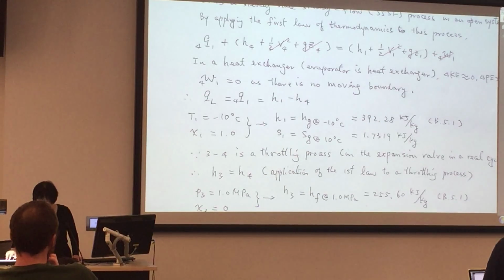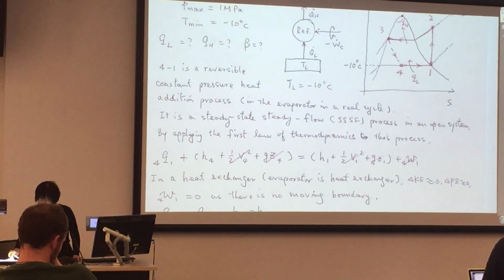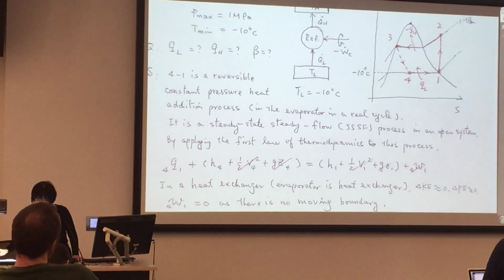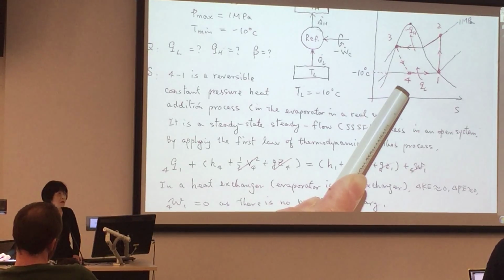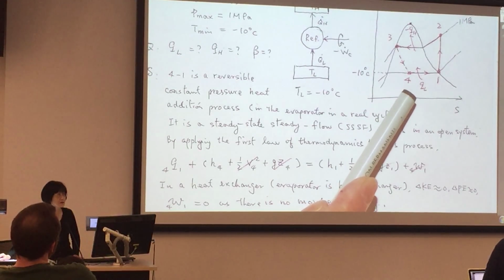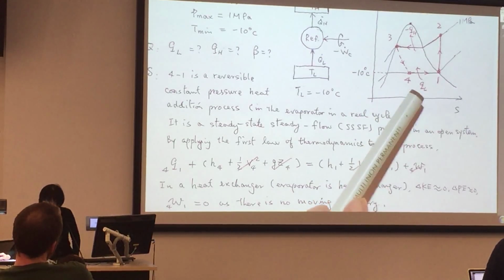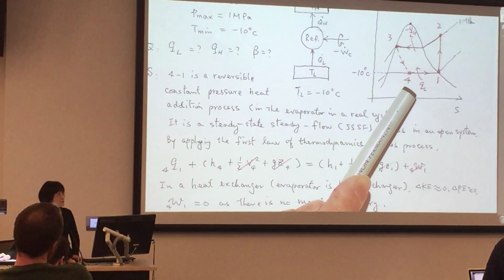And then enthalpy at state 4, we only know the saturation temperature at state 4, right? That's not enough for us to determine the enthalpy. We need to know the quality before we can calculate the enthalpy.